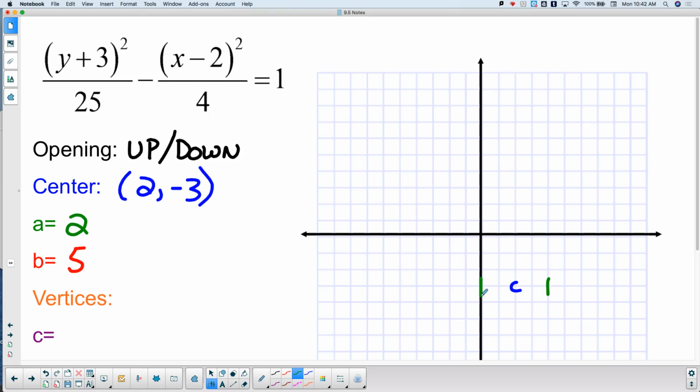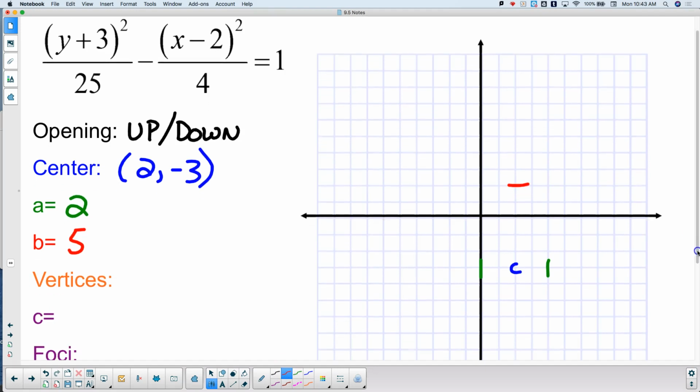Jacob, up and down how many? 5. Yep. So 1, 2, 3, 4, 5. I've got to scroll down a little bit more. 1, 2, 3, 4, 5. That gives us enough to draw in our box.